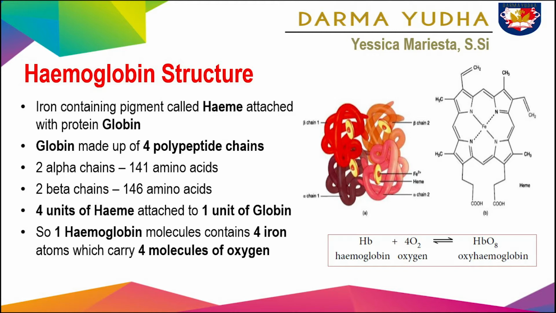Globin is made up of 4 polypeptide chains, consisting of 2 alpha chains and 2 beta chains. 4 units of heme are attached to 1 unit of globin. So it means that 1 hemoglobin molecule contains 4 iron atoms which carry 4 molecules of oxygen. For the reactions, you can see the slide.